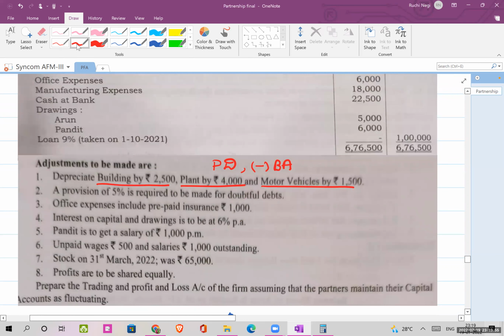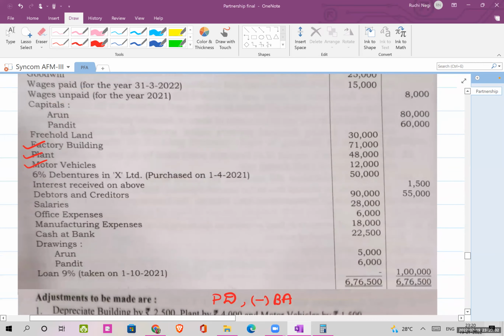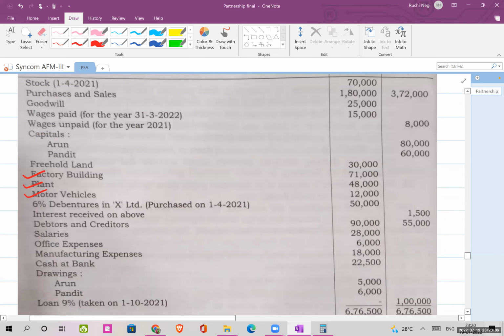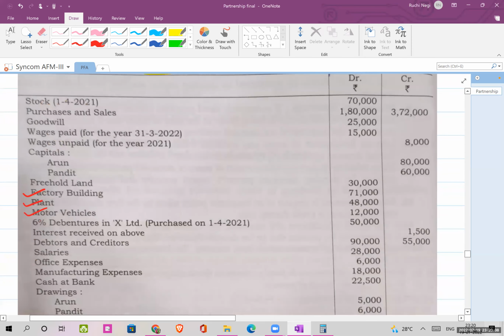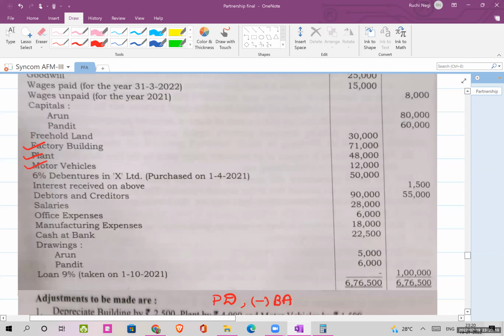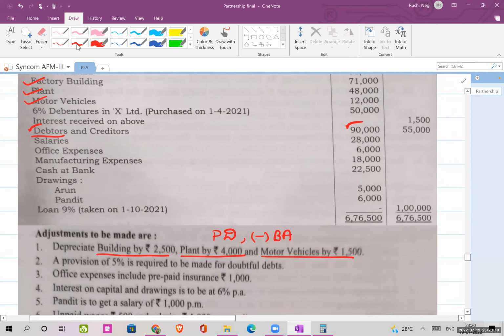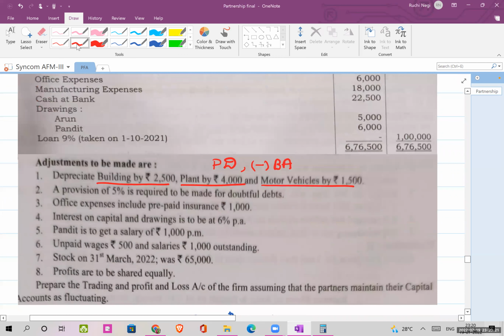Next, provision for 5% is required to be made for doubtful debts. So let's search debtors. Here are our debtors, debit side, 90,000. So put a tick mark. This is my new RDD.